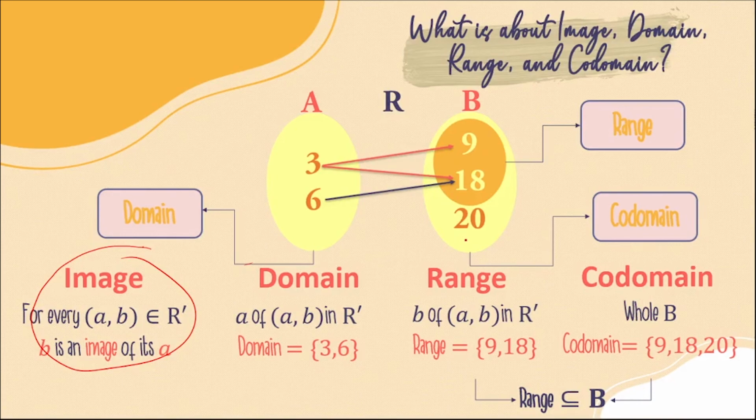The whole set B is called the codomain of relation R, so the codomain will contain the elements 9, 18, and 20. Now, I want you to look at the range and the codomain and find a relation between them. What can we say? Yes, we could say that the range is a subset of the codomain.